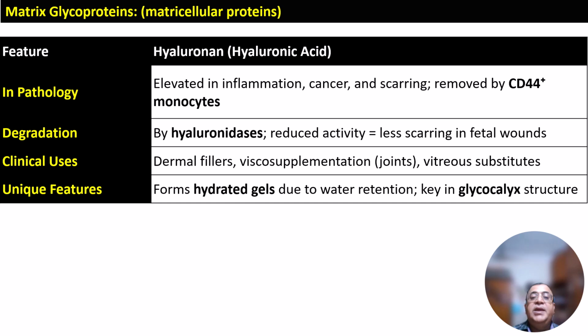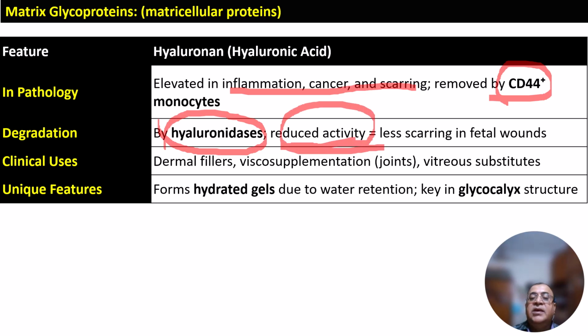Hyaluronic acid may be increased in inflammation, cancer, and scarring, and it is removed by CD44-expressing monocytes. They are degraded by the action of the enzyme hyaluronidase, and if there is reduced activity of this enzyme, there will be less scarring in the wound.